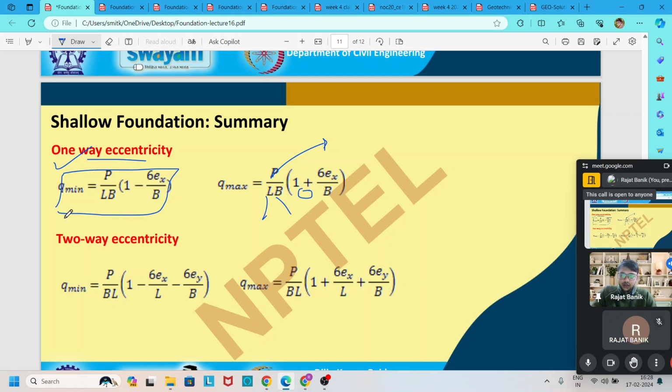If there are two eccentricities, then one extra term is added, that is 6ex by L, and for minimum we use the negative sign, for maximum we use the positive sign.